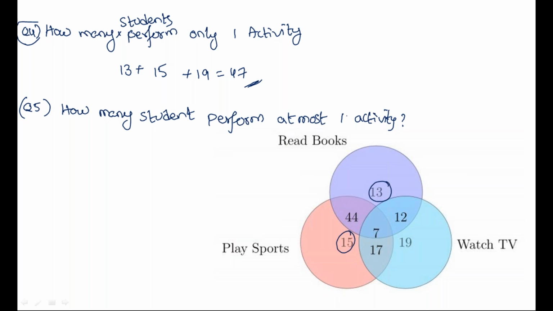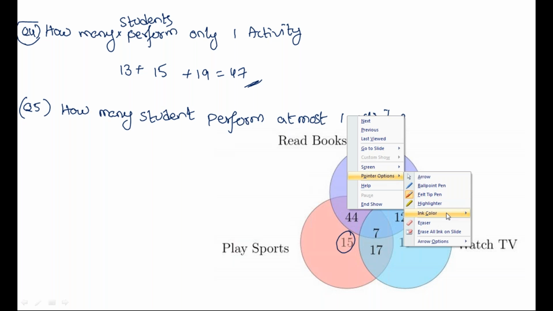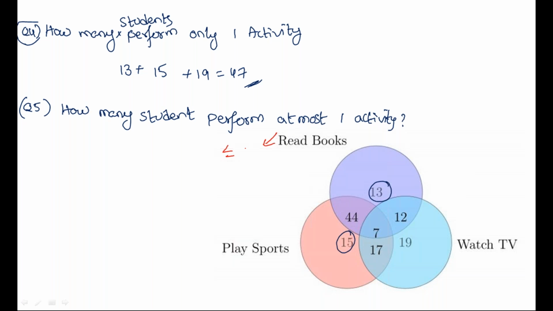Maximum one activity. How many are performing at most one activity? At most means less than or equal. Maximum one activity meaning zero activity plus one activity. In this question zero activity is not there. Zero activity means some people may be outside of this.